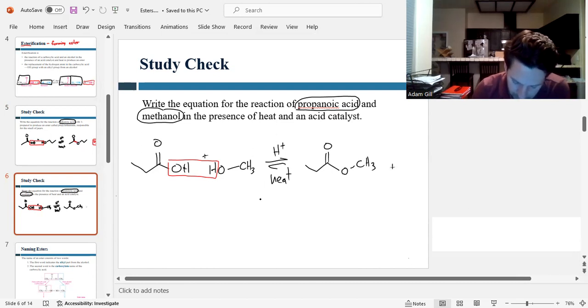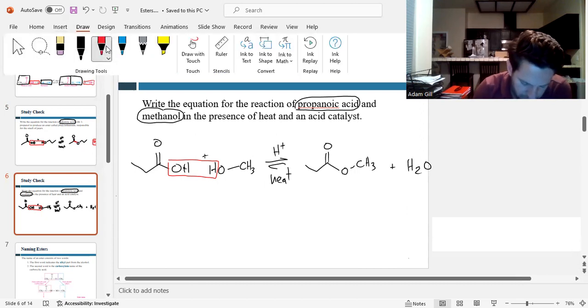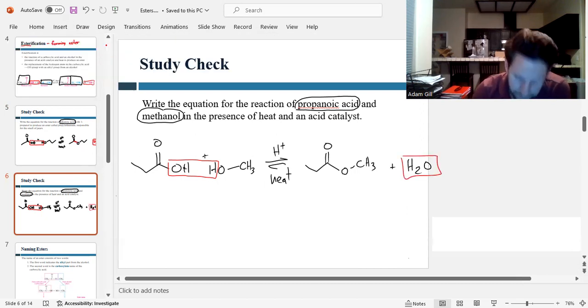And the byproduct was the water, the H2O that we kicked out. So once again, your carboxylic acid and your alcohol condense to form the ester, and in the process, you kick out the water.